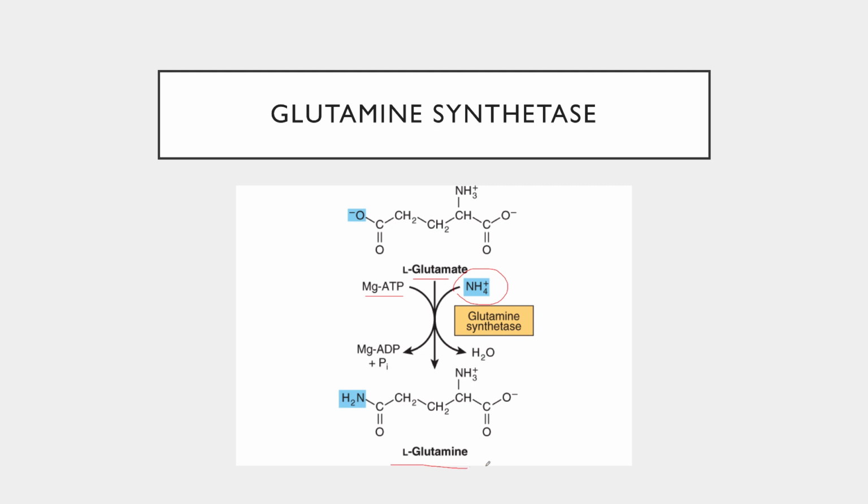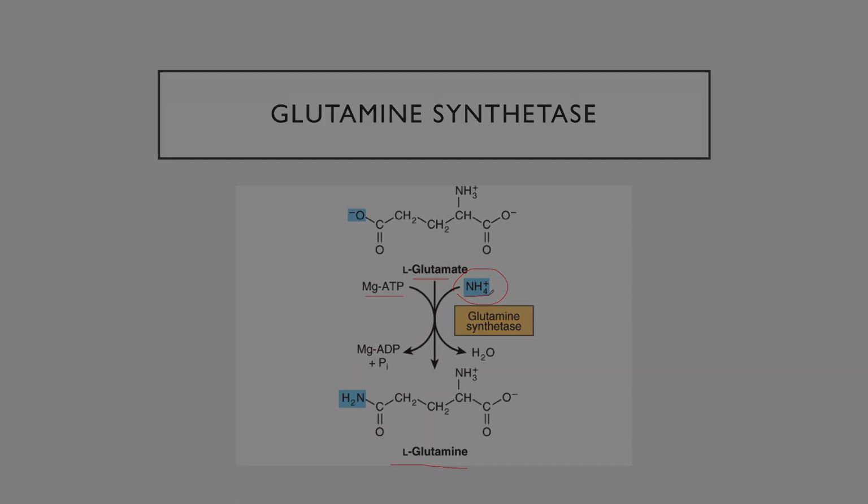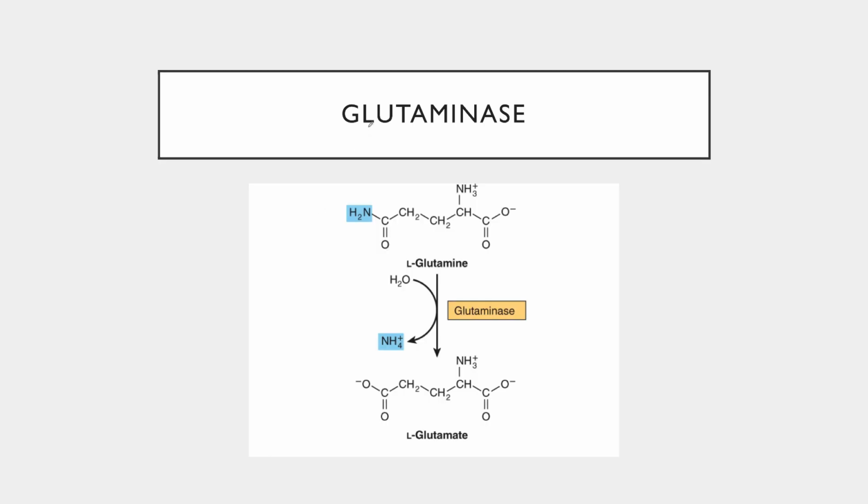And this is important because remember, glutamine is one of our primary non-toxic carriers of nitrogen, and so this is often released into the bloodstream and can circulate back to the liver. It's also important to note here that at physiological pH, the majority of ammonia, or NH3, is present as an ammonium ion, or NH4+.